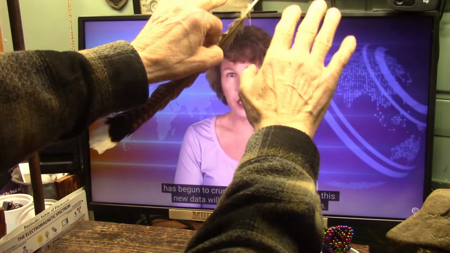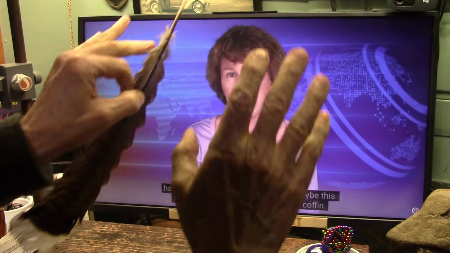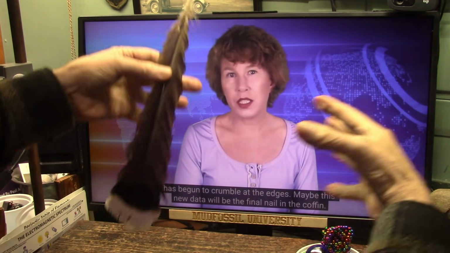The new data. Okay, so she's talking about the final nail in the coffin, and there's been so many nails in the coffin, I can't believe it, and they still continue to keep saying a Webb telescope just found something further. The only reason is the light is slowing down quicker and quicker. The thing isn't further away because it's being stretched and pulled away because the universe is expanding. All this is based on the Big Bang Theory.